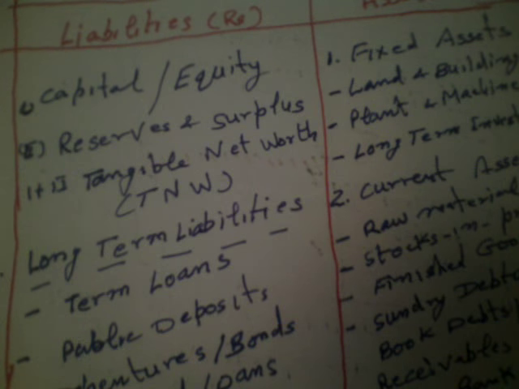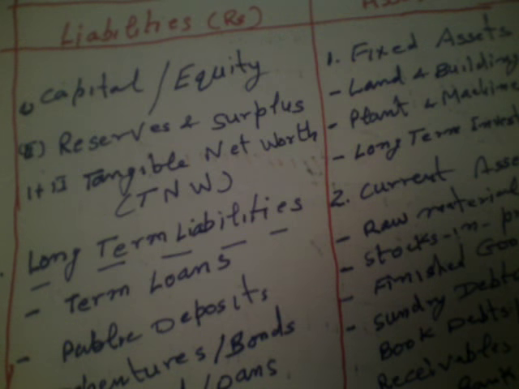So this is also a source for the business entity. Term loans are also a source. So these are liabilities, because the business entity has taken them from outside and they have to pay back.